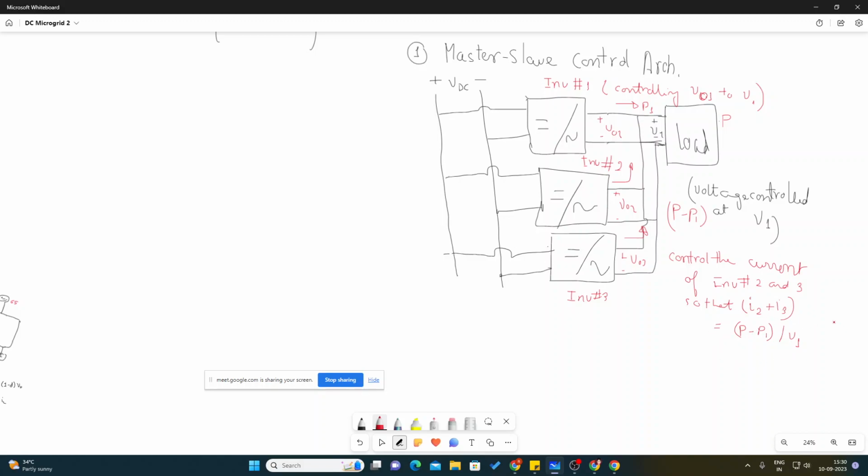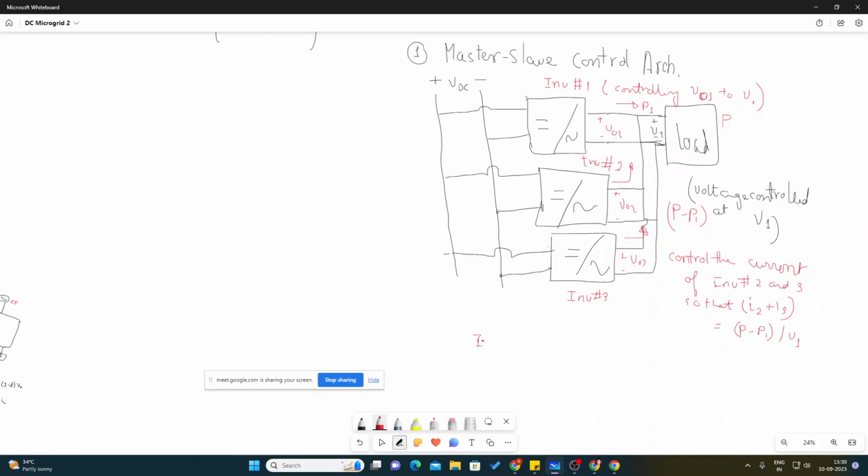So this must be controlled in such a way that the remaining power must be obtained from inverter 2 and 3 through current control, whereas inverter 1 is responsible for holding the voltage and hence it undergoes voltage control.